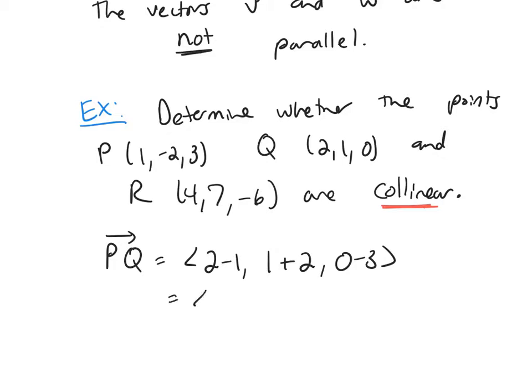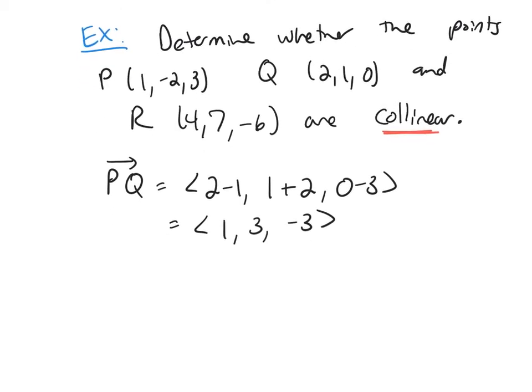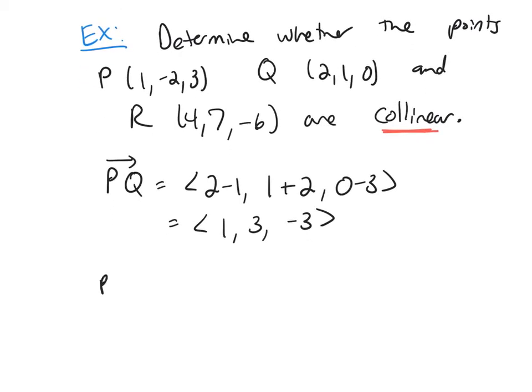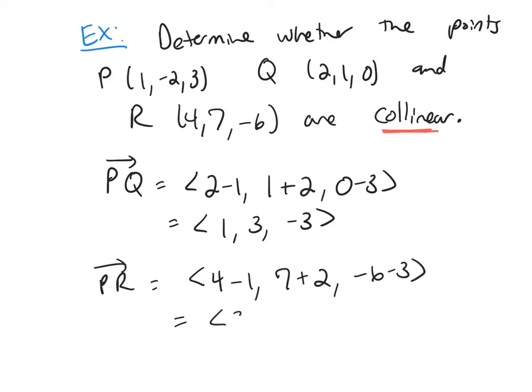I'm getting the vector 1, 3, negative 3. Now I'm going to keep the same initial point, P, but I'm going to use the other point for the terminal, R. So 4 minus 1, 7 minus a negative 2, negative 6 minus 3. I'm getting the vector 3, 9, negative 9.